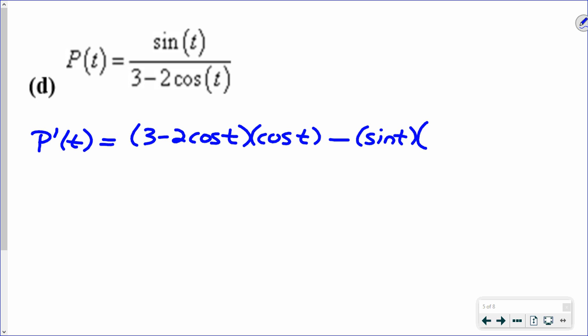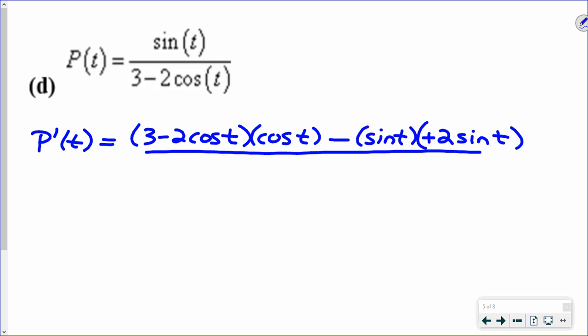Okay, the negative 2 is a constant multiple, so I can bring that down in front of the derivative of cosine. The derivative of cosine is negative sine, so actually that will become a positive 2 times sine of t. Okay, all over 3 minus 2 times cosine of t squared.